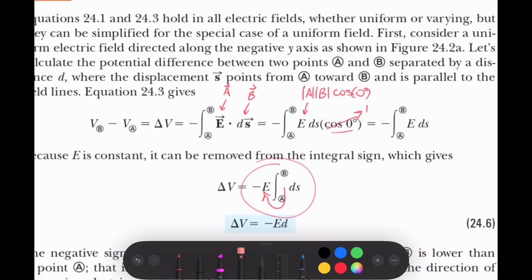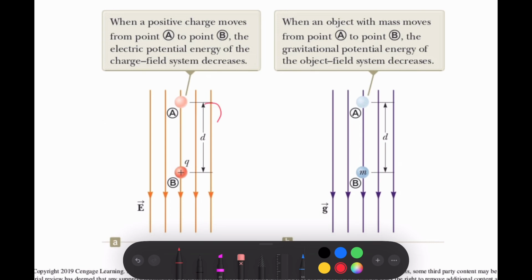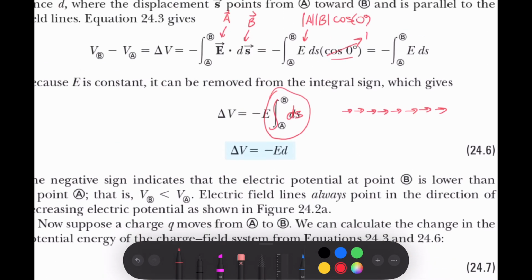And then this integral over here is integrating over ds, which again I told you were these super small components that you break down the distance in. But in this case, since ds is the distance here, and it is just a straight line, then the integration over the points A and B will literally just give you the total distance, which they told you in the problem was d.